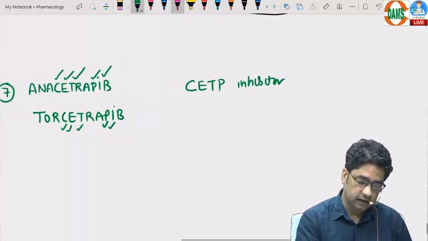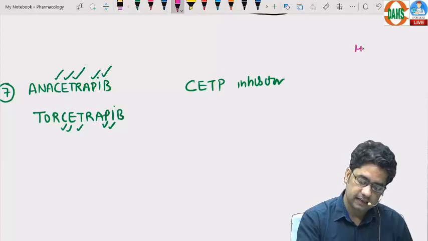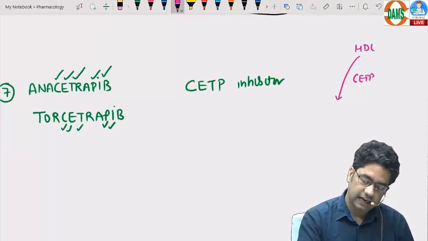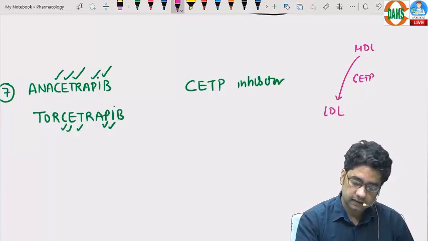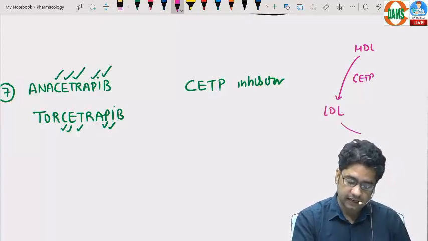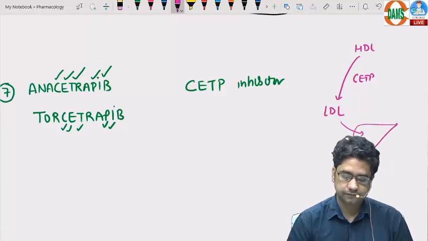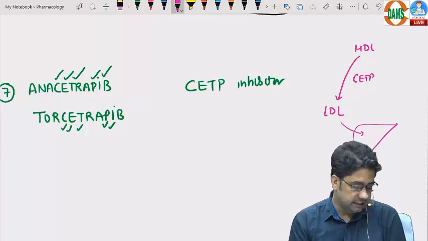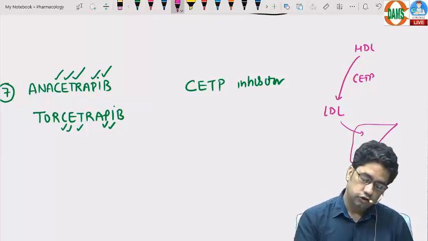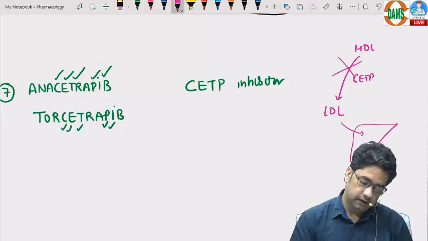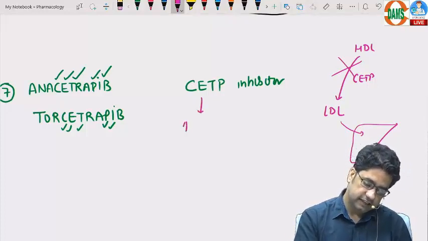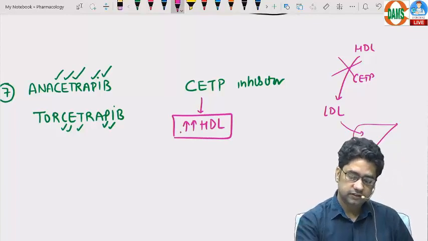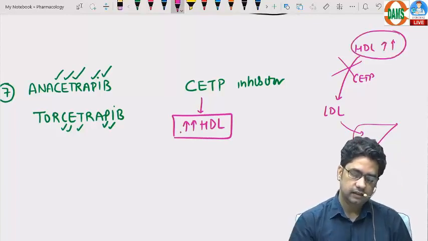HDL donates its cholesterol to LDL by CETP, and this LDL is reuptaken by the liver. Remember CETP? Cholesterol ester transfer protein. So you have now inhibited CETP. So these drugs increase HDL level.